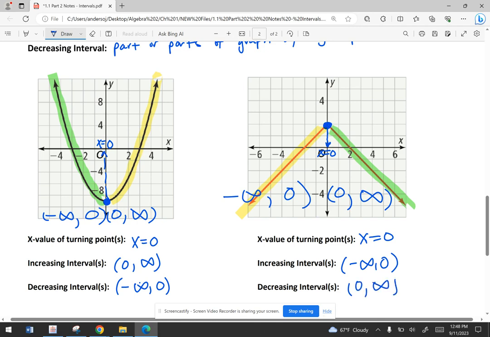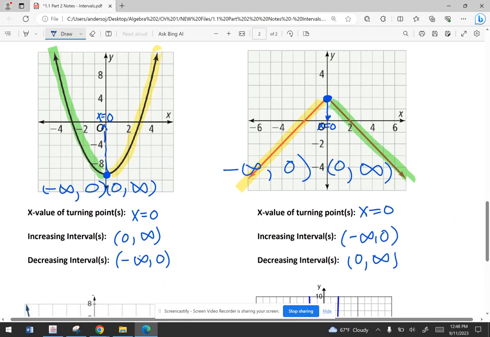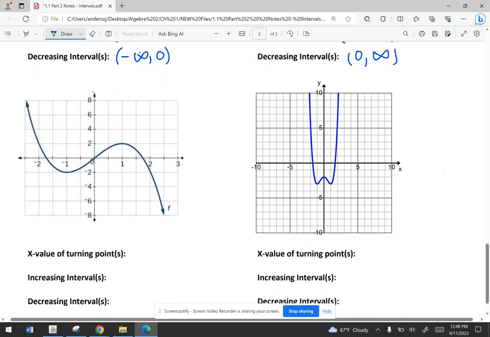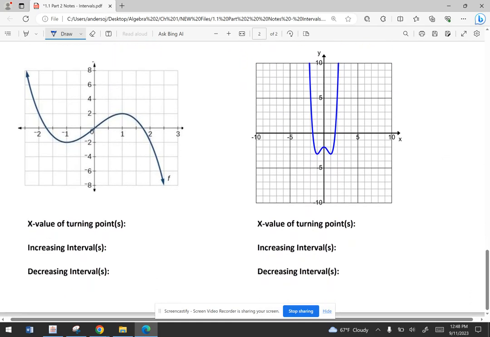So we've looked at 2 easy graphs. Let's look at some more complicated ones here. I'm going to mark the turning points of this first graph to start with. I'm going to mark a turning point where I believe that graph is going to switch over. I believe it's switching over here, and then the graph goes up.